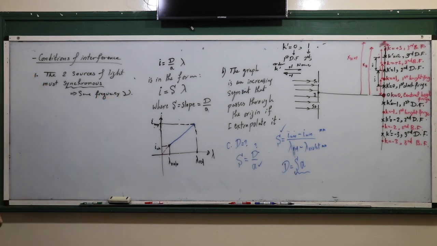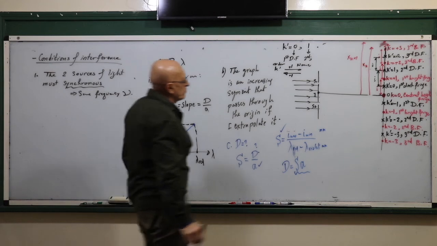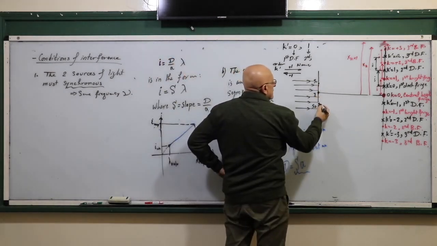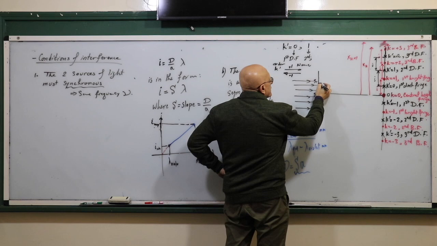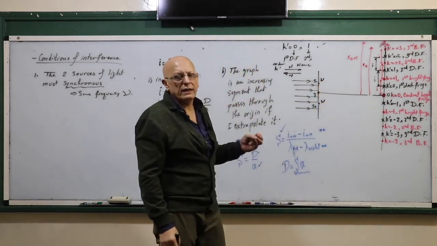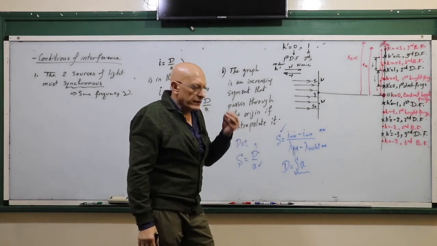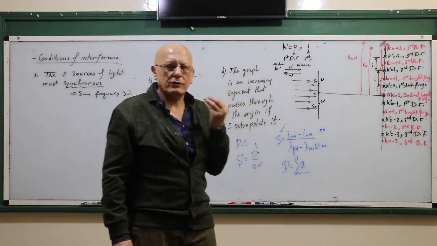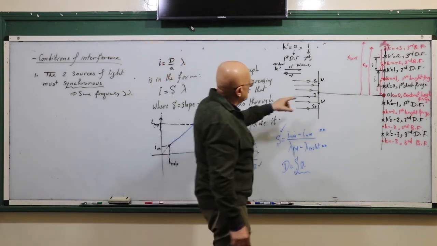Okay, look here, light from S1, from S2: the frequency of light leaving S1 must be equal to the frequency of light leaving S2. This means you should have the same color. Okay? What does this mean?